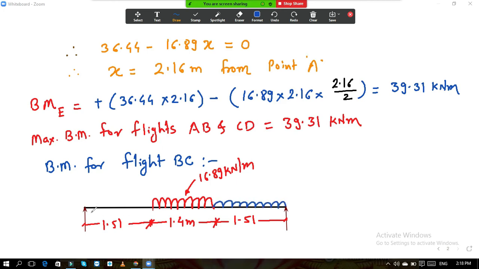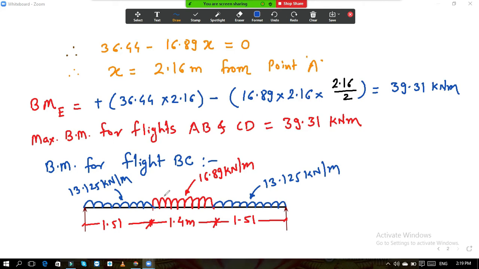Here is the UDL which is acting on the landing. It is 13.125 kilonewton per meter. This is also 13.125 kilonewton per meter. Now we need to solve this. We need to calculate the maximum bending moment. You check it is matching with the total span or not. 4.42.